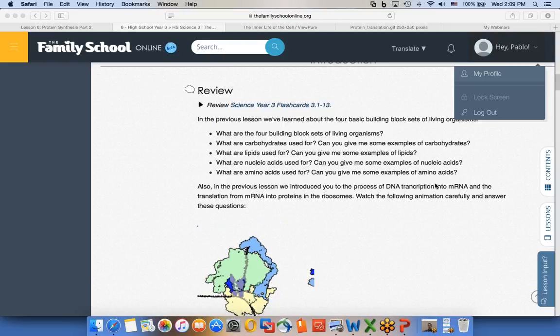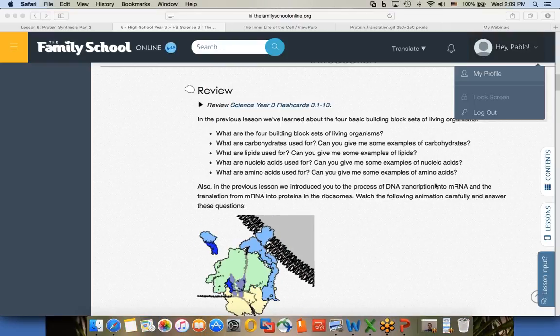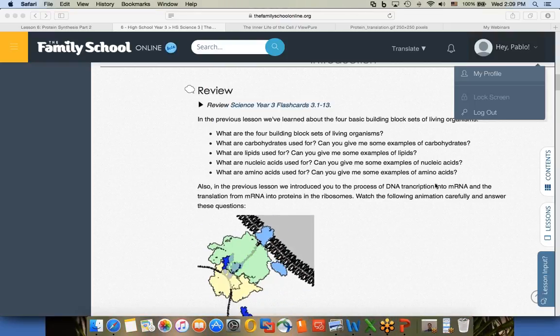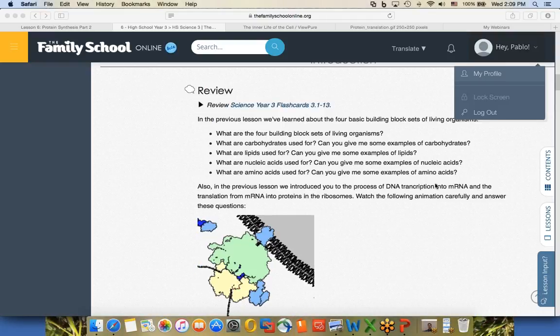What are amino acids used for? They're really small organic compounds that are the building blocks for proteins. That's right. Yeah. Do you remember how many amino acids there are? Like 6? There's a little more than that. Okay. Anna says 22.